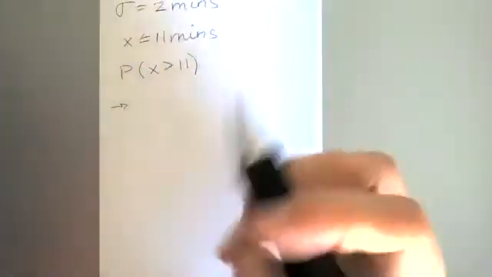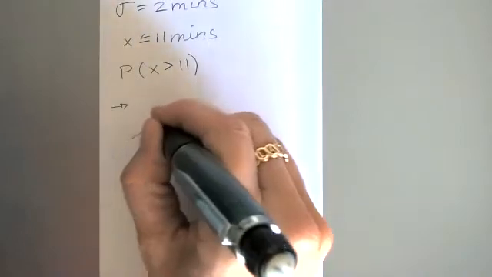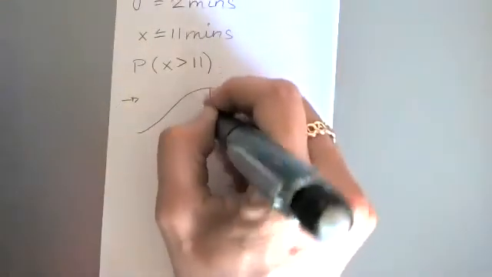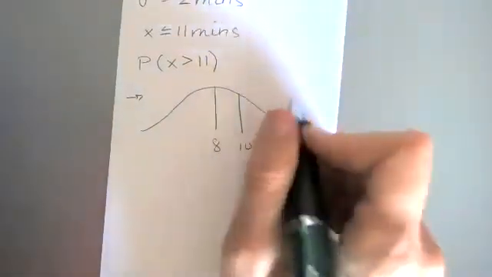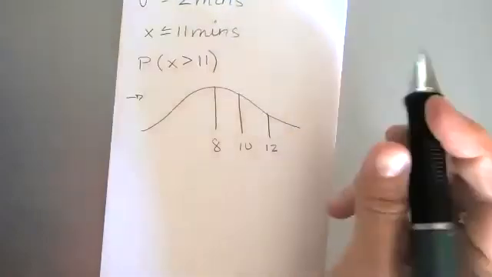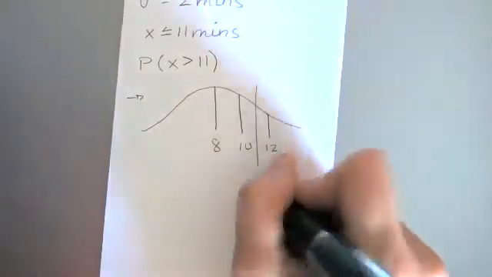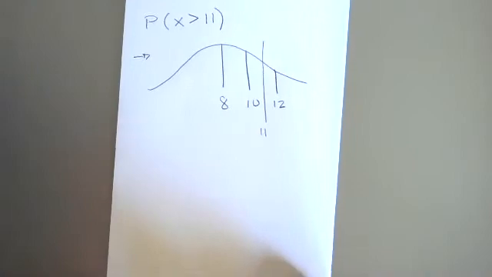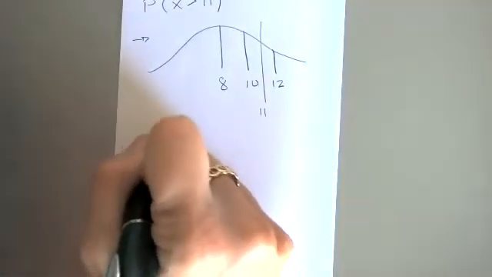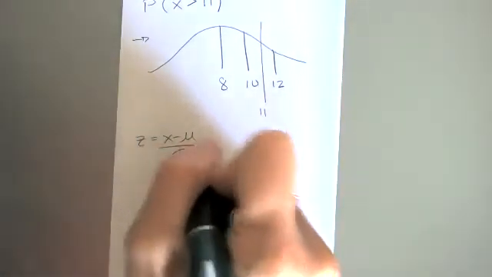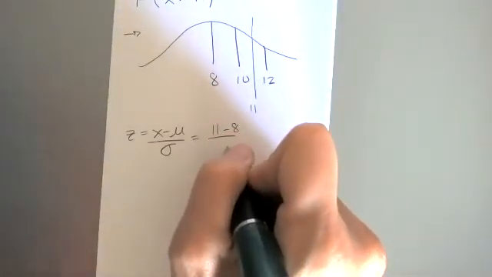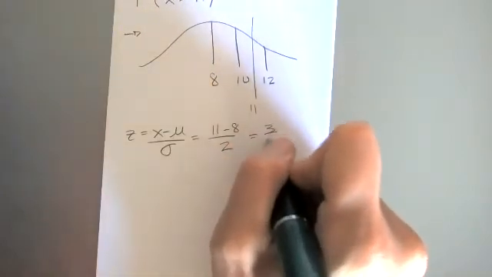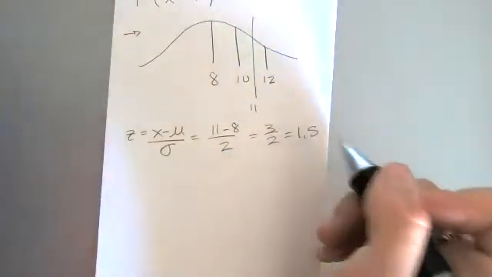Okay, so this is 8, this is 10, this is 12, and so 11 minutes is right here. So we know we need to use the z-score. So z equals x minus mu over sigma, which is 11 minus 8 over, we said 2, which is 3 over 2, or 1.5.